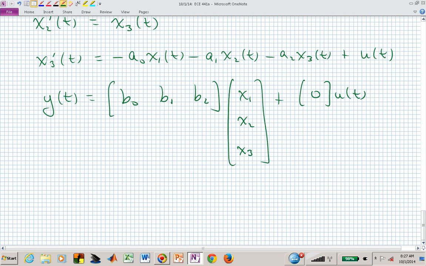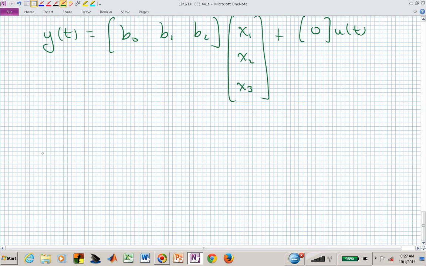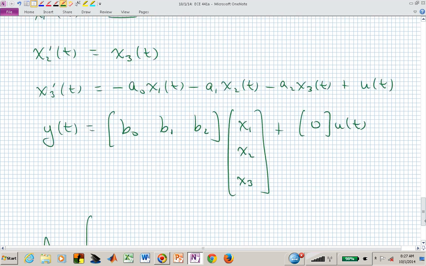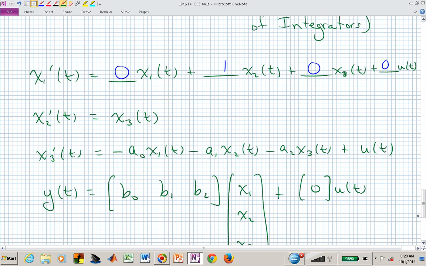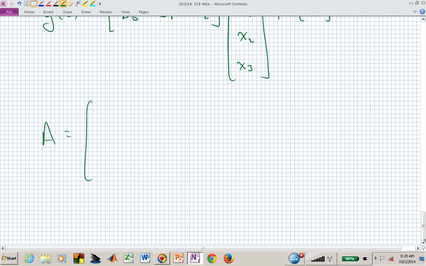Questions on that? What's our state or our system matrix A? What's in the top row of that A matrix? I'm now looking to fill out the state space representation. X prime of t is equal to A x of t plus B u of t.